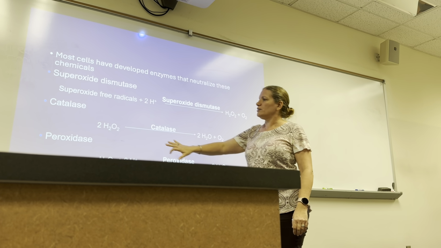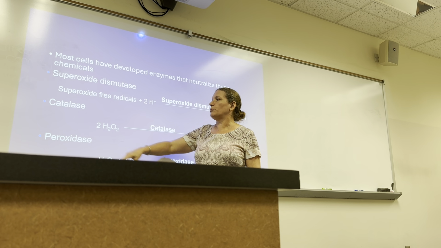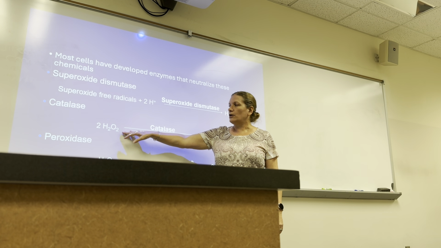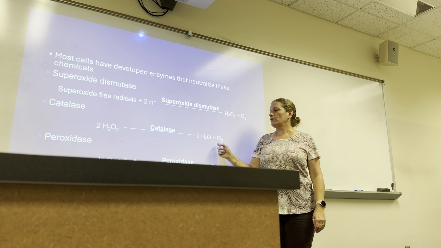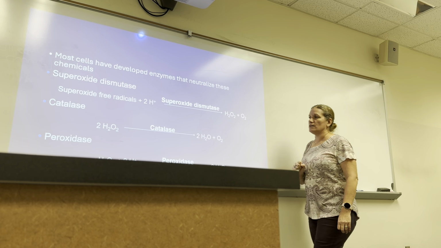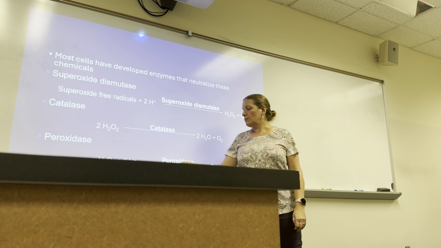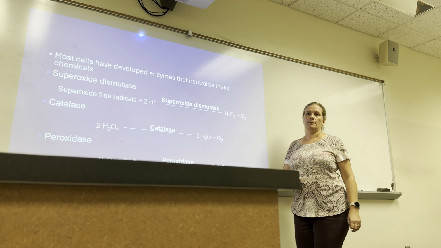We have two other enzymes that can break down hydrogen peroxide: catalase and peroxidase. Catalase, when it breaks down hydrogen peroxide, produces water and oxygen as end products. Peroxidase, when it breaks down hydrogen peroxide, produces just water.